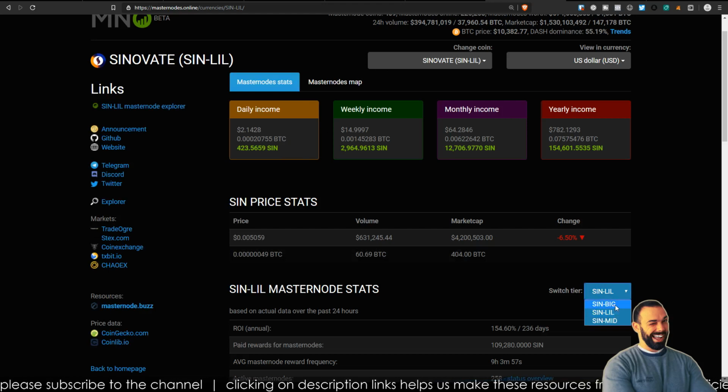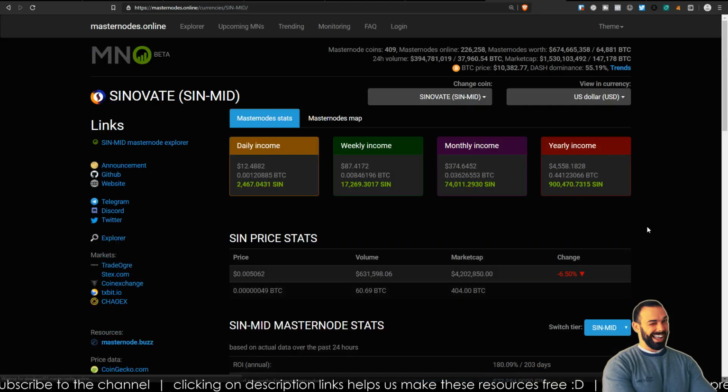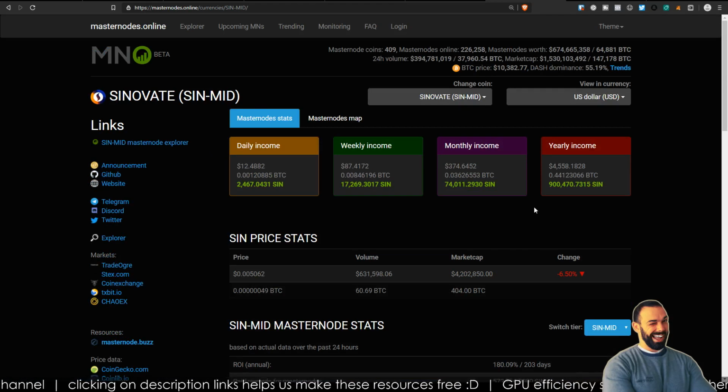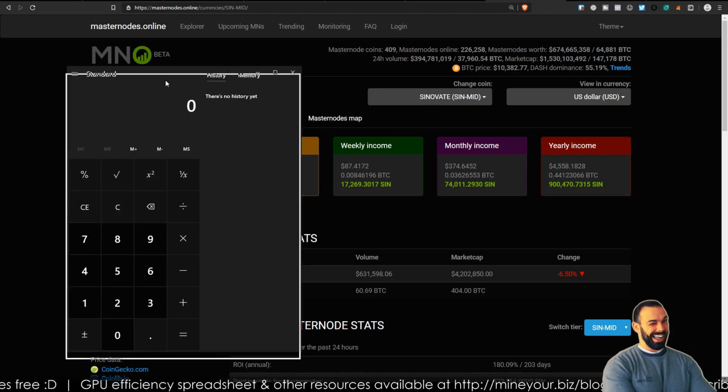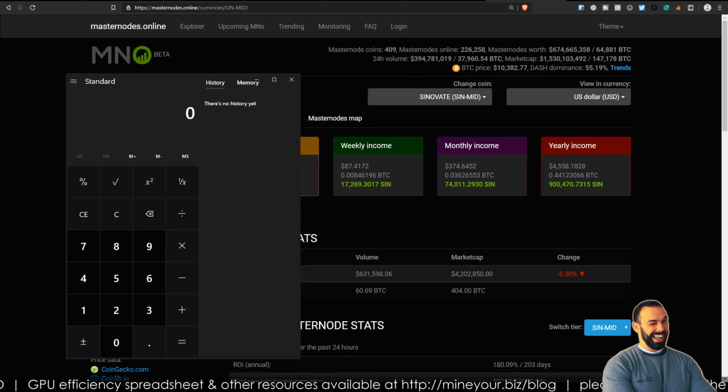Look at the middle tier right here. And here's the funny thing. The middle tier masternode has the exact same OpEx, so it's the same $60 per year to operate that. And with the collateral costing about $2,500, let's take a look just one more time at those numbers right here. Yearly income at 4,458.